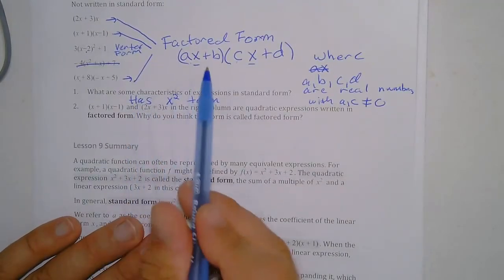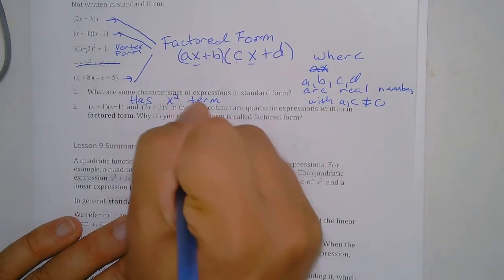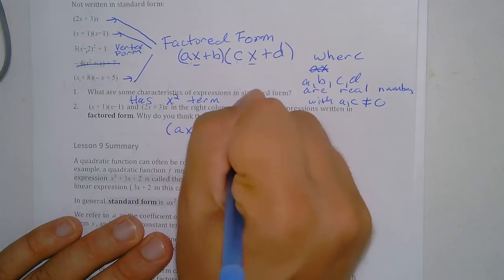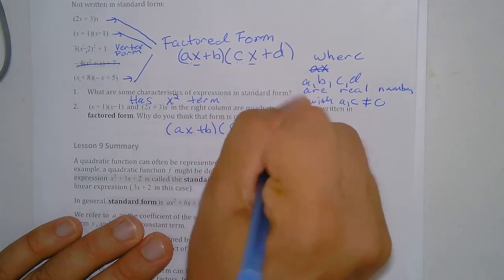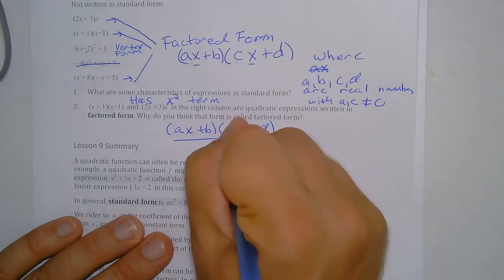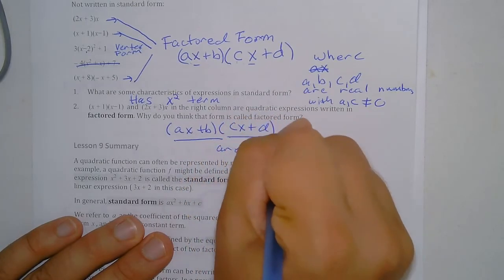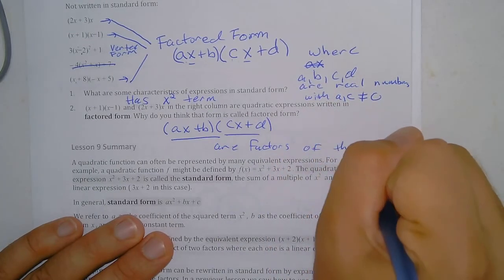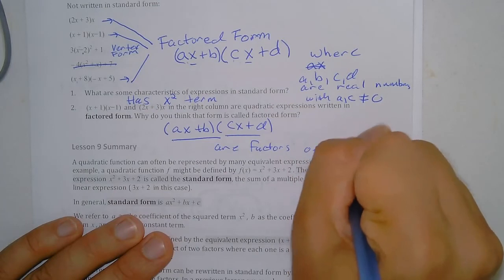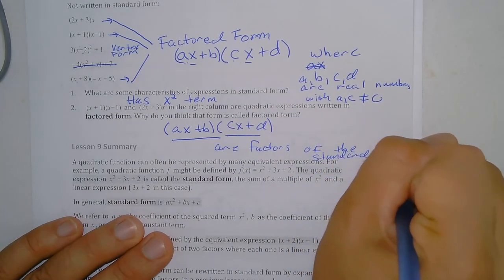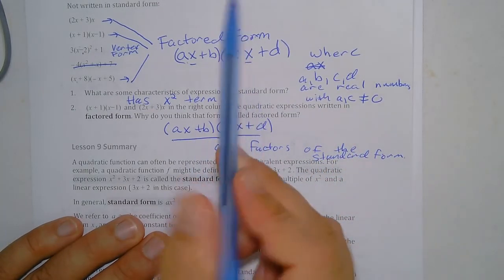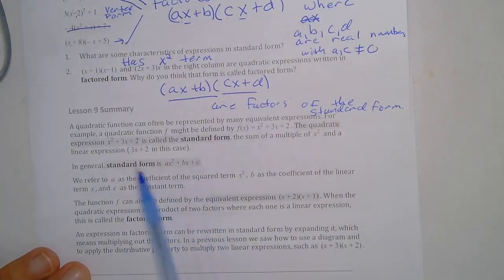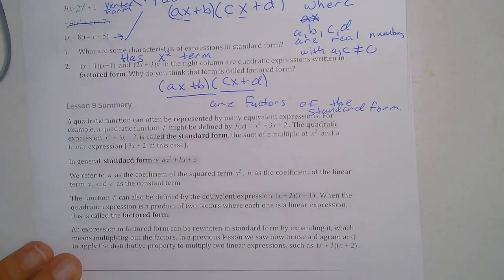So why this is called factored form, the ax plus b and the cx plus d are factors of the standard form, or things that you would multiply together to make standard form. So again, ax squared plus bx plus c is standard form, and expressions like this are factored form.